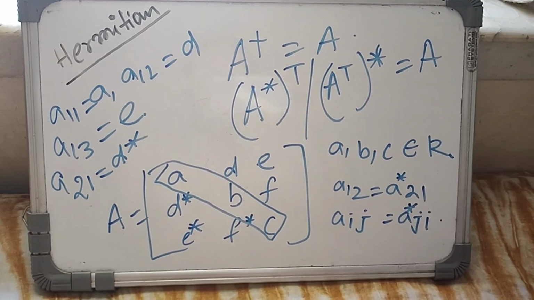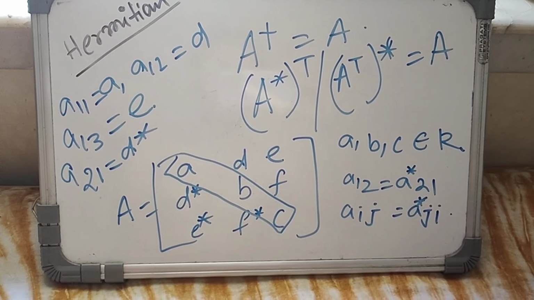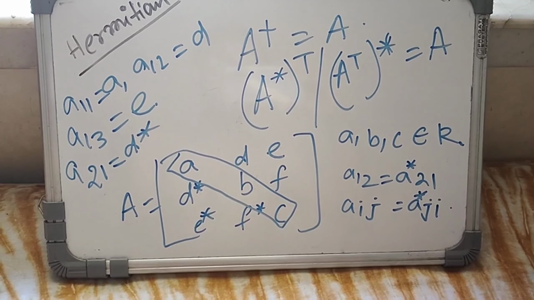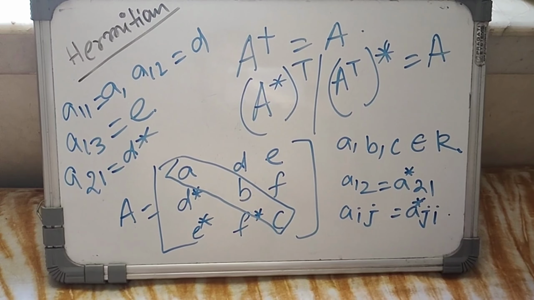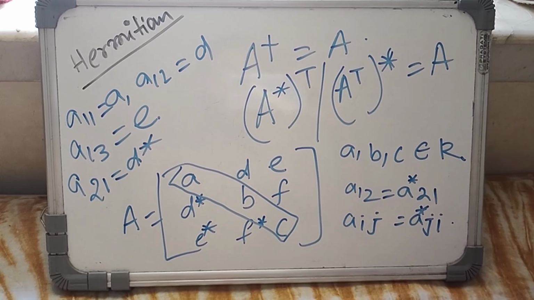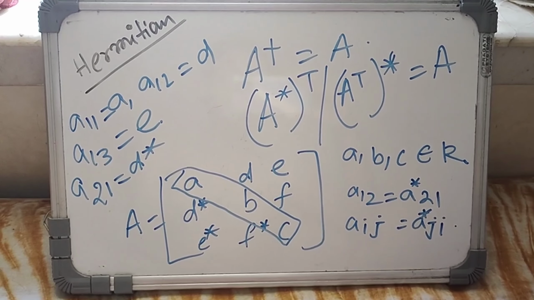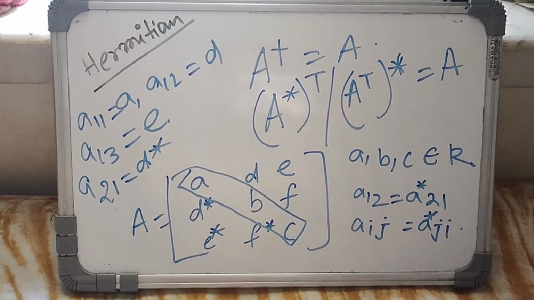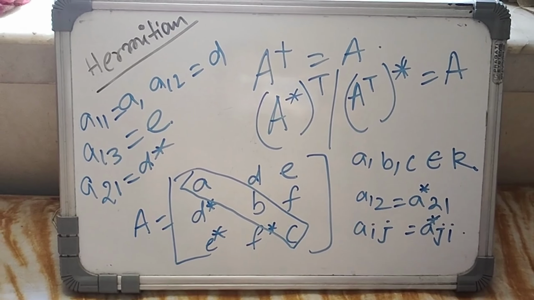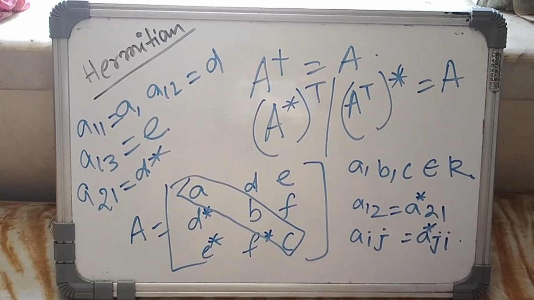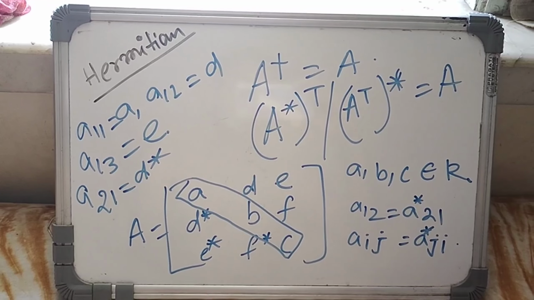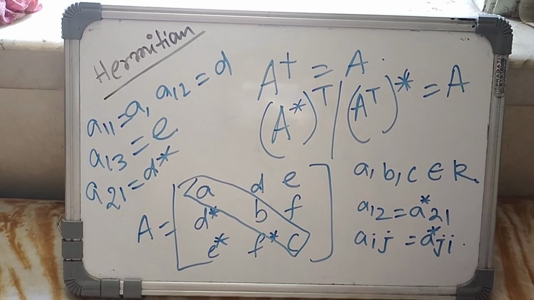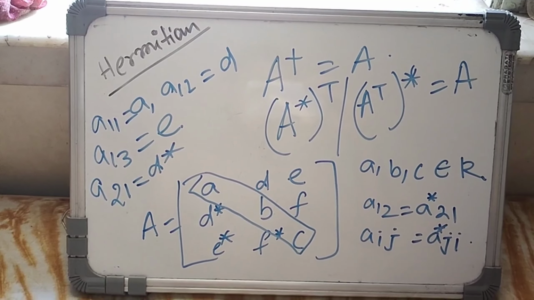Here we see as an example a matrix A whose elements are A, D, E, D star, B, F, E star, F star, C. Here A11 is A, A12 is D, A13 is E, A21 equals D star, A22 equals B, and so on. The diagonal elements A, B, C are real numbers, and the A12 element D is the complex conjugate of A21.